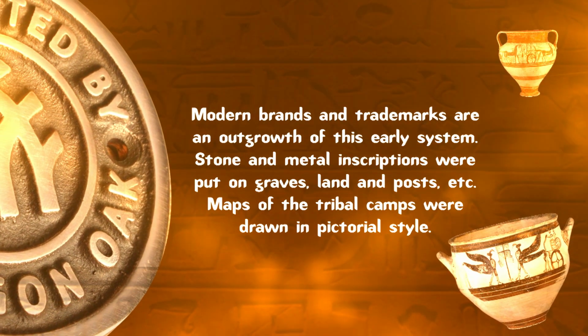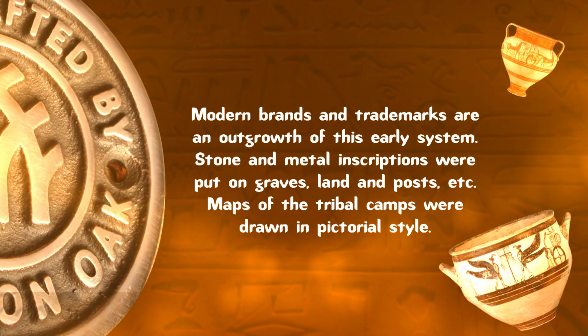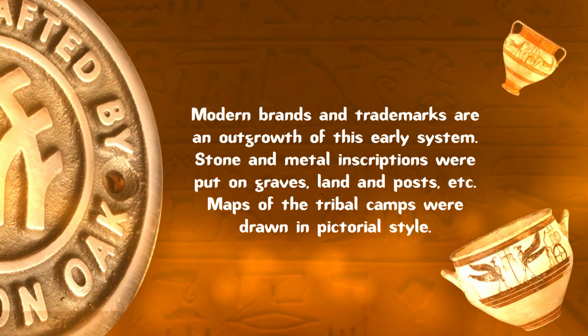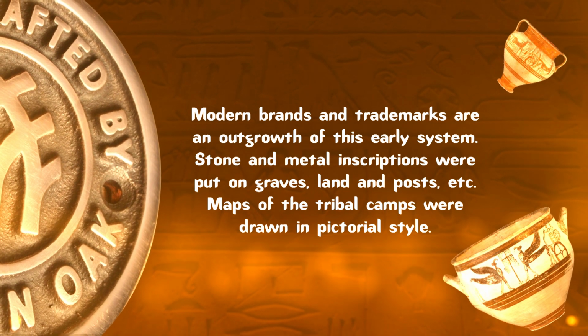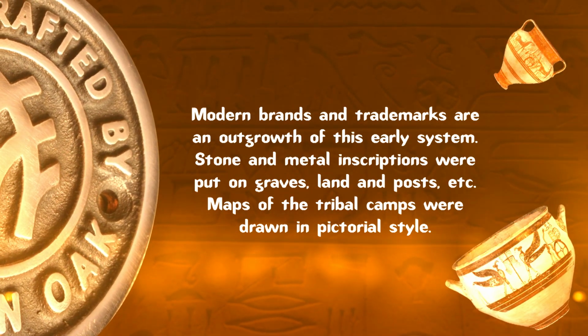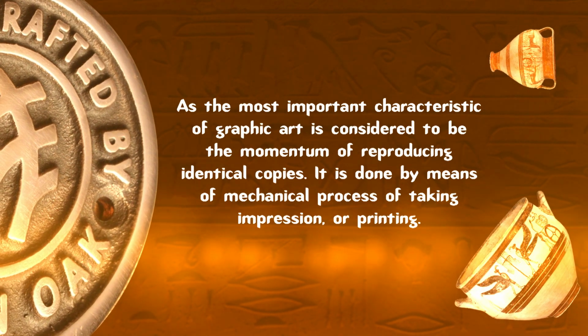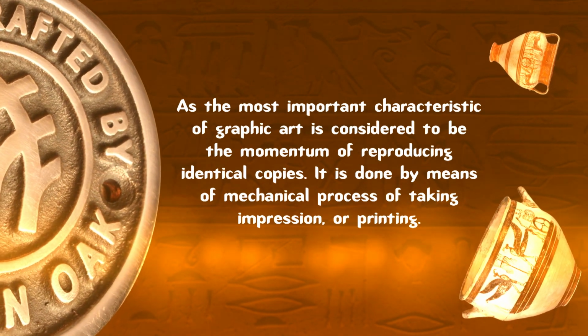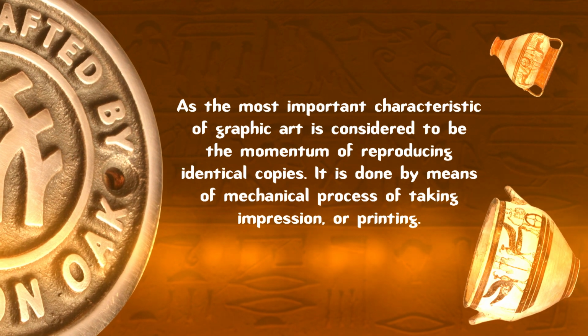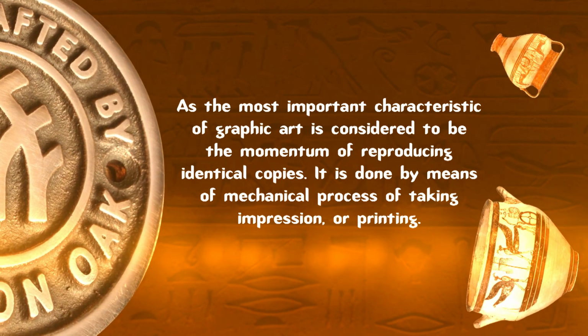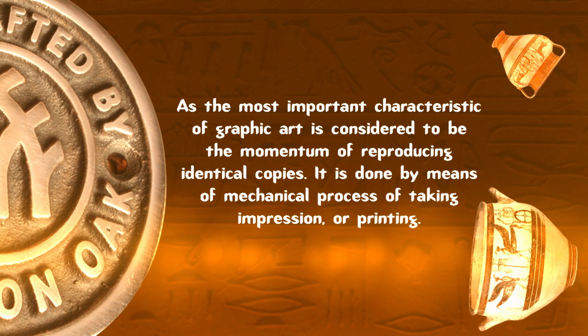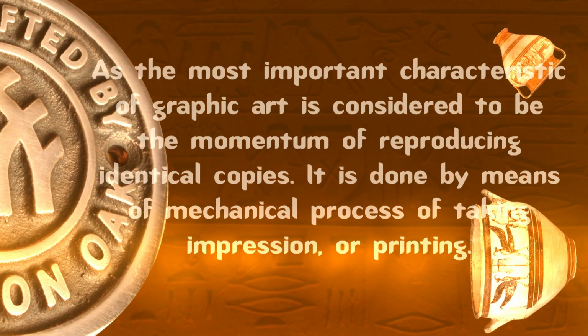Stone and metal inscriptions were put on graves, land and posts. Maps of the tribal camps were drawn in pictorial style. The most important characteristic of graphic art is considered to be the momentum of reproducing identical copies. It is done by means of mechanical process of taking impression and printing.